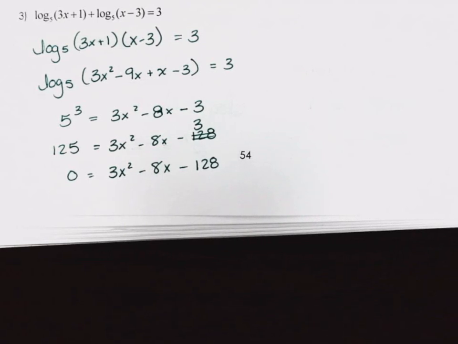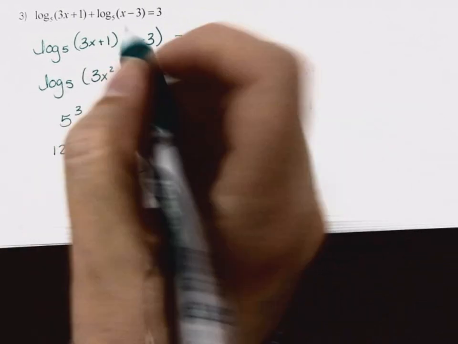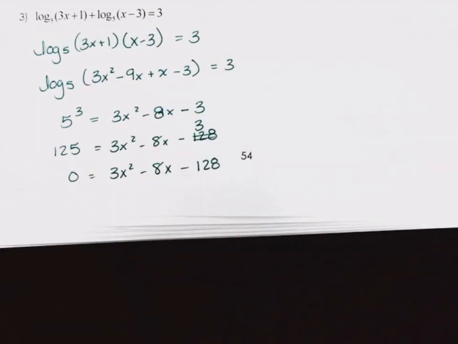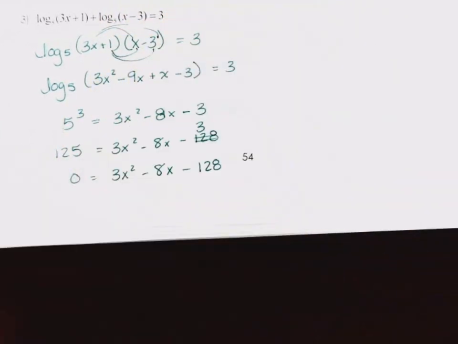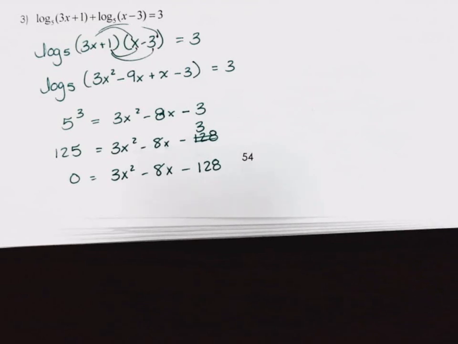Well, you kept that log there, and then you moved the 3 over. Then I changed it to exponential form. How come you kept the log that time? Oh, I just multiplied my arguments, I did my leapfrogging. I didn't do anything with the log yet, I was just multiplying the argument through.